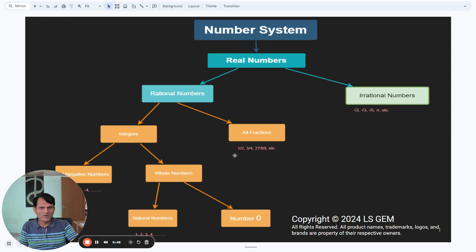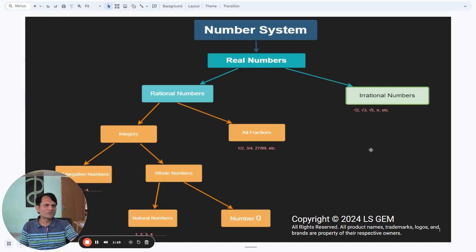And if we include all the fractions also, like 1 by 2, 3 by 4, etc., then it becomes rational numbers. So it means natural numbers, add 0 become whole numbers, add all the negative numbers become integers, and add all the fractions, then you get rational numbers.